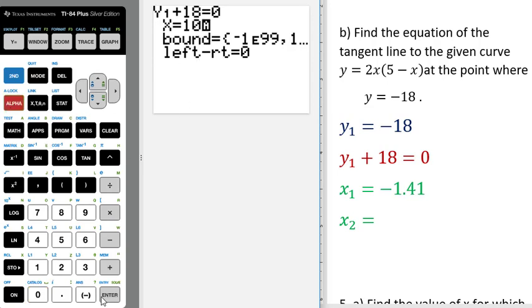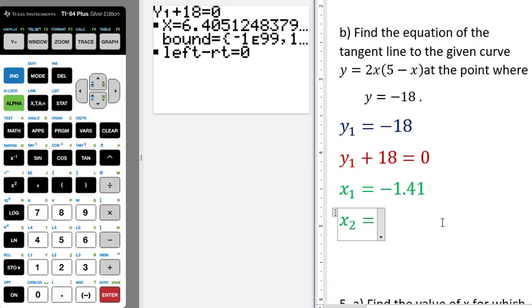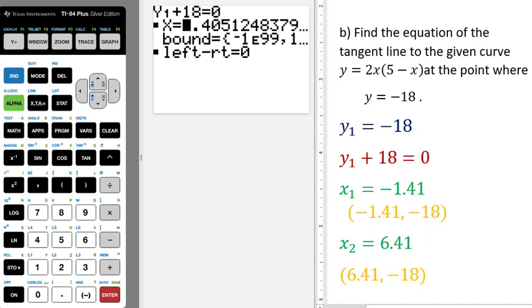I do alpha, enter again. You will get 6.41. So we get the x1, y1. The coordinates will be negative 1.41, negative 18, and 6.41, negative 18.